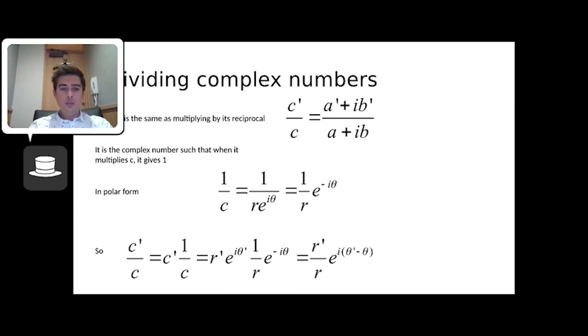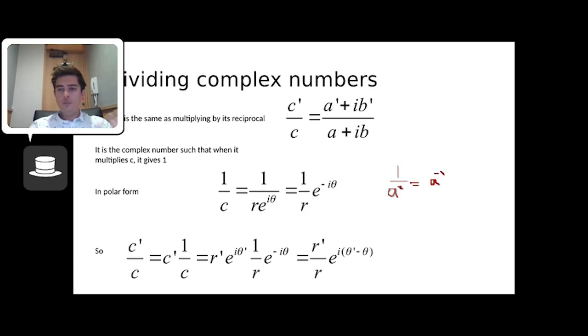So for example, this 1 divided by c. This is like the denominator of this expression. This can be written in this way. We know that c can be written as r times e to the i theta. Because if you have any power expression like this, say we've got 1 divided by a to the x, this is always equal to a to the minus x, right?